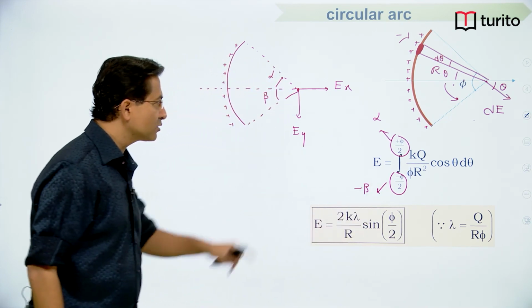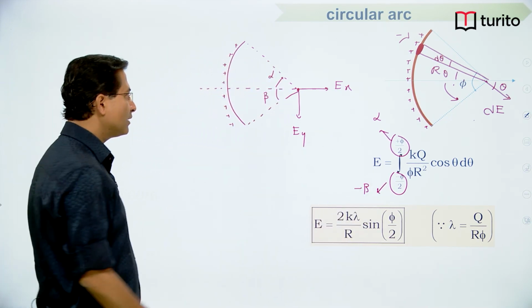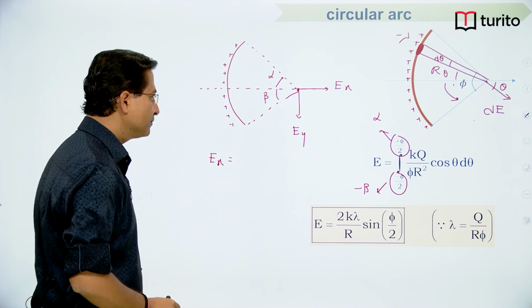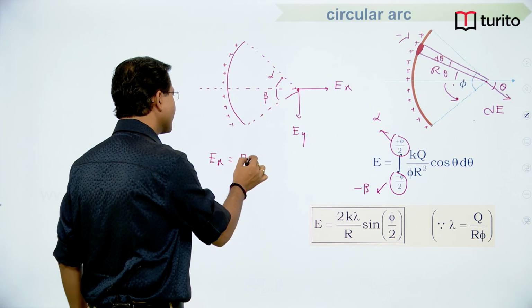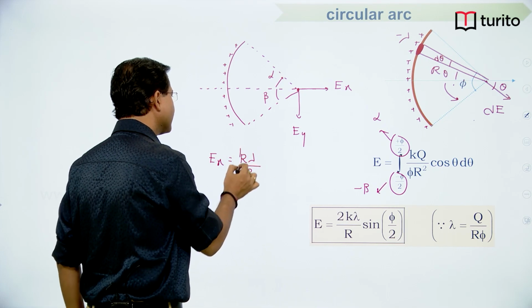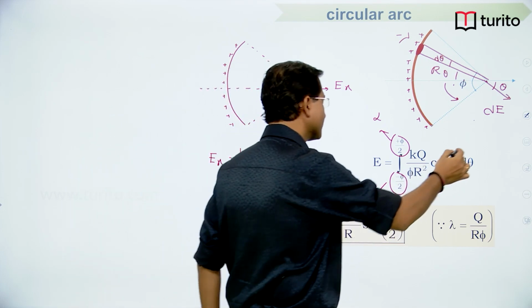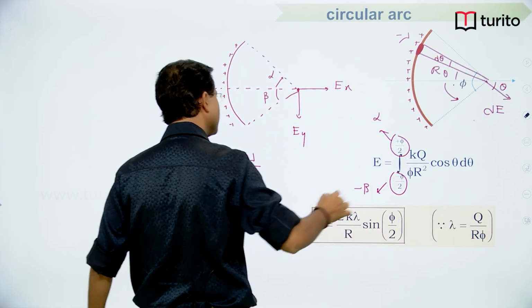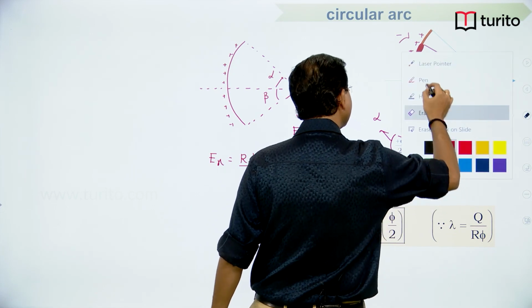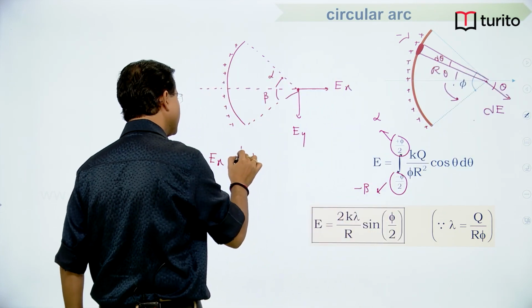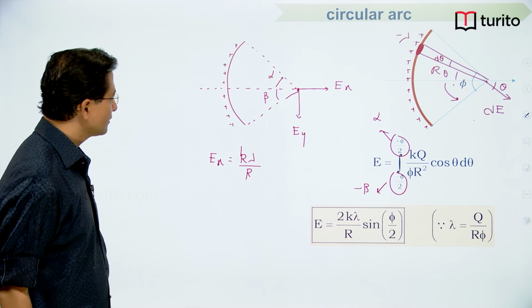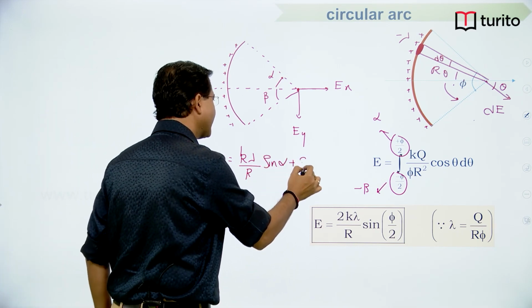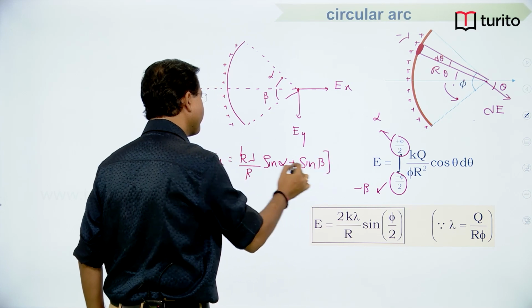So when you integrate this one, then the x component will come k lambda divided by r sin alpha plus sin beta.